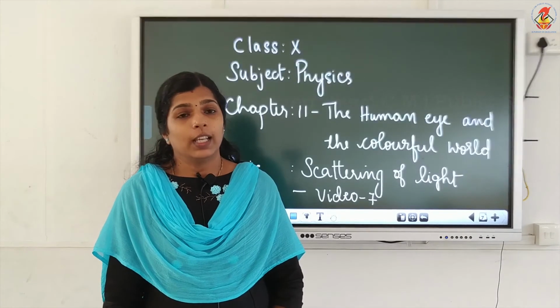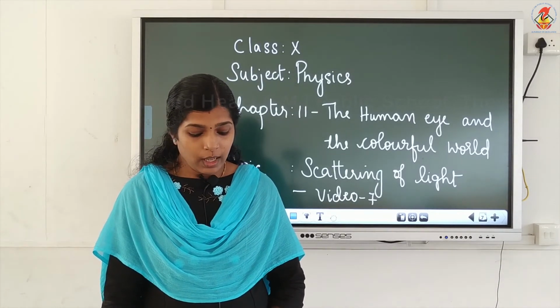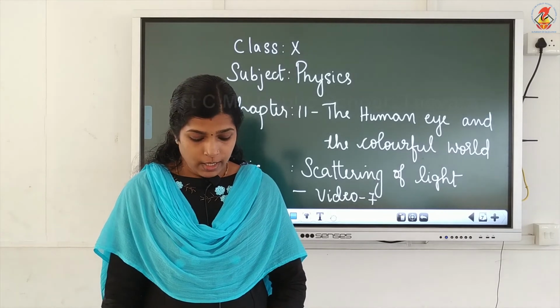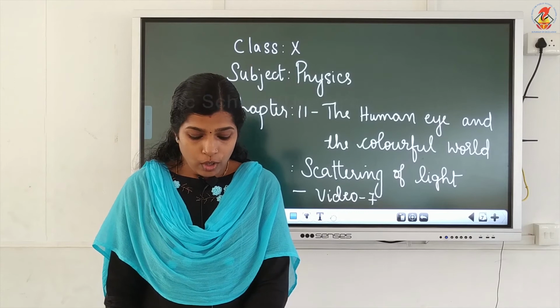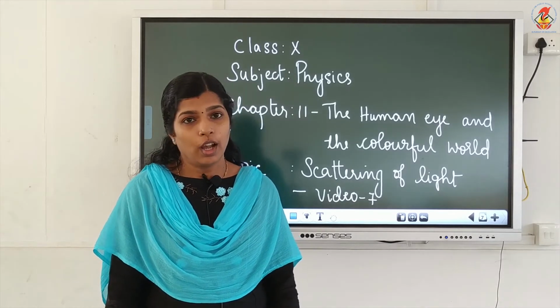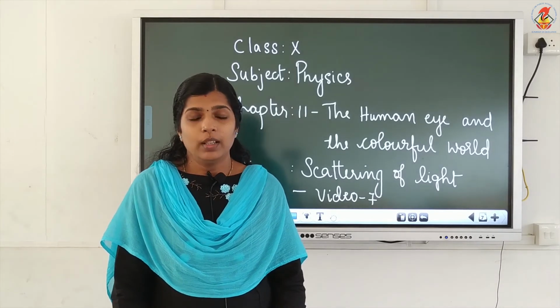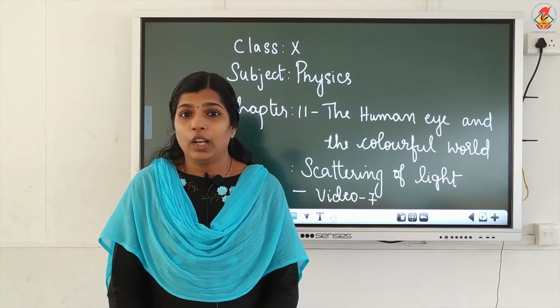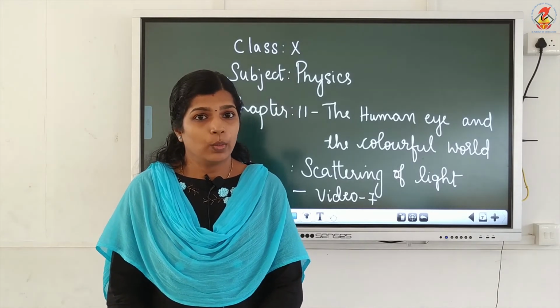Then red color of sun at sunset and sunrise. At the time of sunset and sunrise, the light from the sun has to travel a longer distance in the atmosphere to reach the observer. During the morning and the evening, the sunlight has to cover a longer distance through the atmosphere to reach our eye.